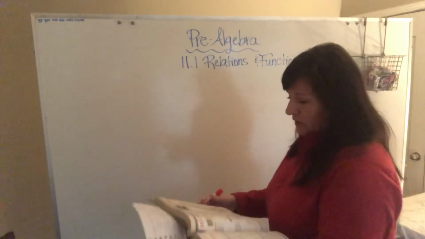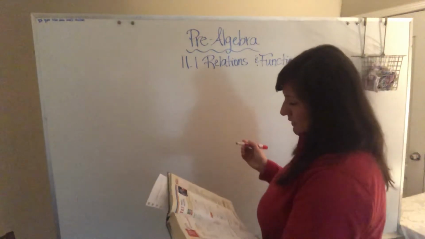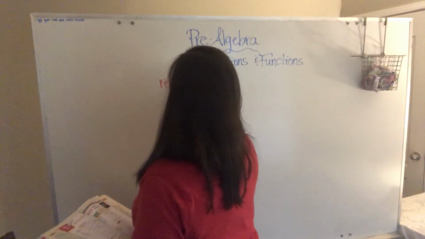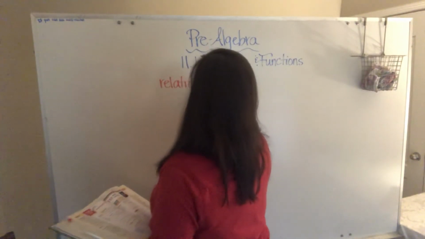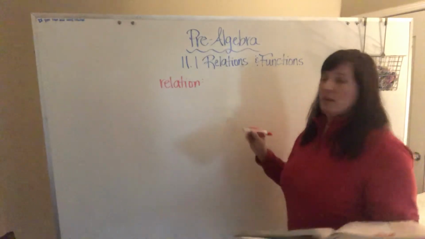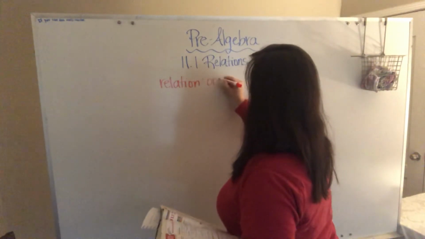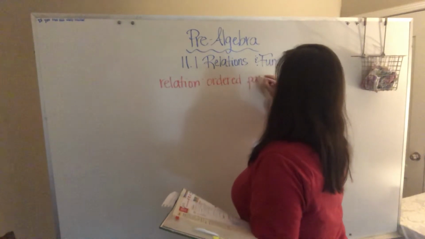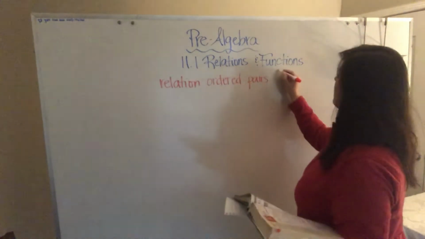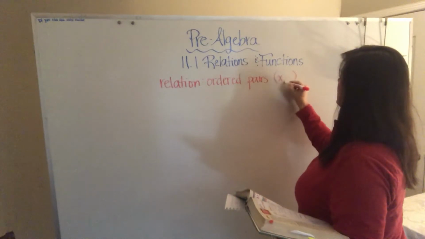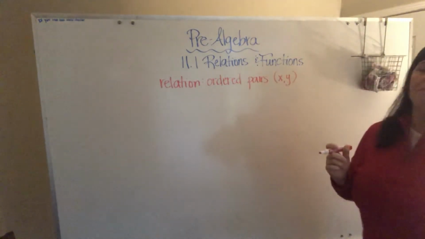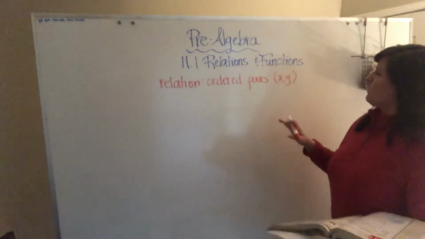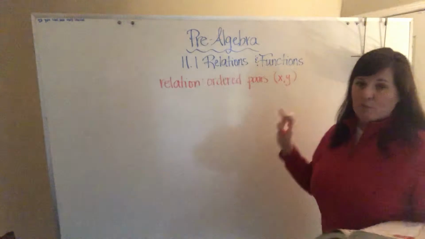The first thing we're going to talk about here is relation, okay? And that's a set of ordered pairs. All right, you should kind of know what that looks like. And we've done graphing before. An ordered pair is numbers within parentheses, coordinates, okay? And that relates what we're going to call input to output.